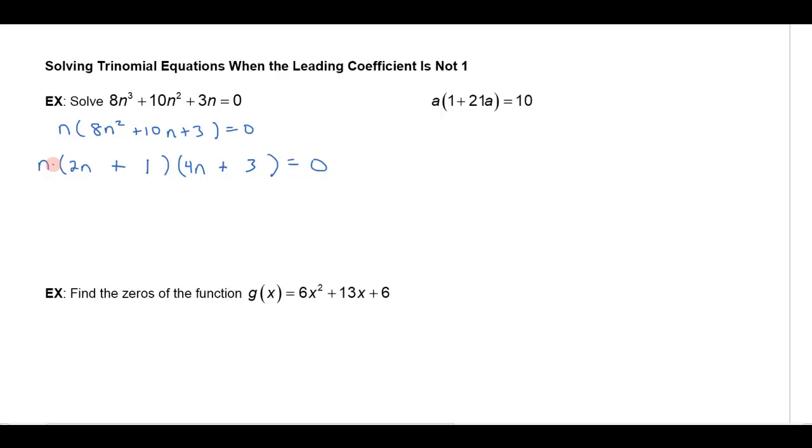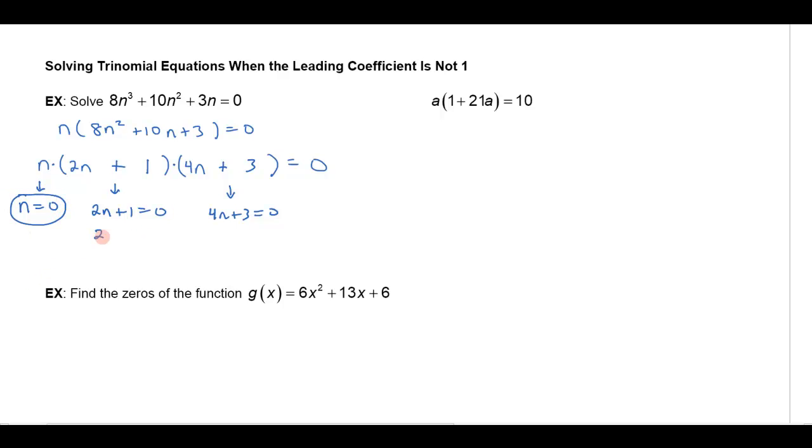Alright, so now that I have factored that, I have three numbers that are multiplied together to give me 0. Either the first number has to be 0, and don't forget that. That's the most common mistake I think students make when solving a problem like this. Or the second number could be 0, or this third number, 4n plus 3, could be 0. So n equals 0, that's solved right there.